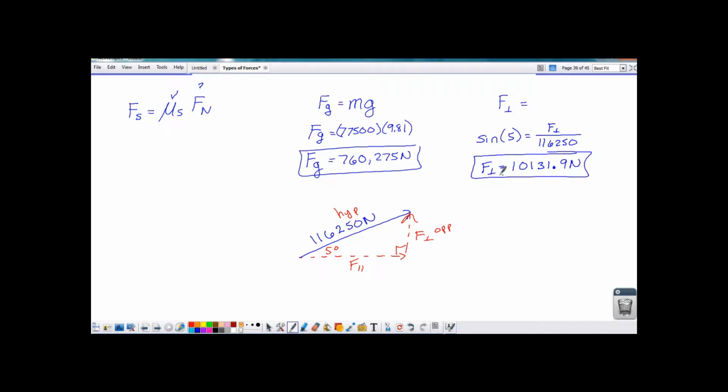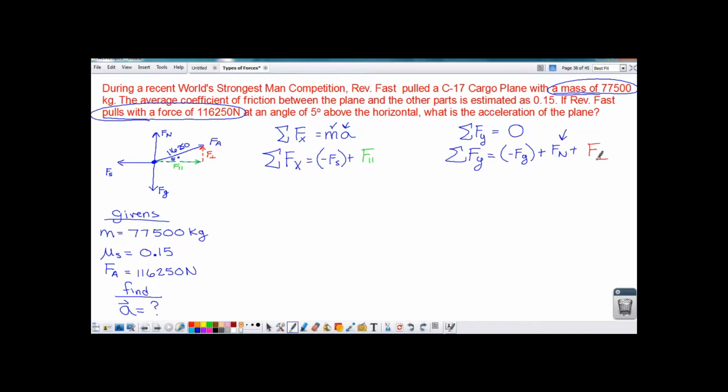Now I've got the perpendicular component and the gravitational force, so I'm ready to solve for the normal force. I'm going to substitute 0 in here. 0 is equal to the gravitational force, and again, we make it negative because it's pointing downwards, so negative 760,275 plus the normal force plus the perpendicular component, which we found was 10,131.9 newtons.